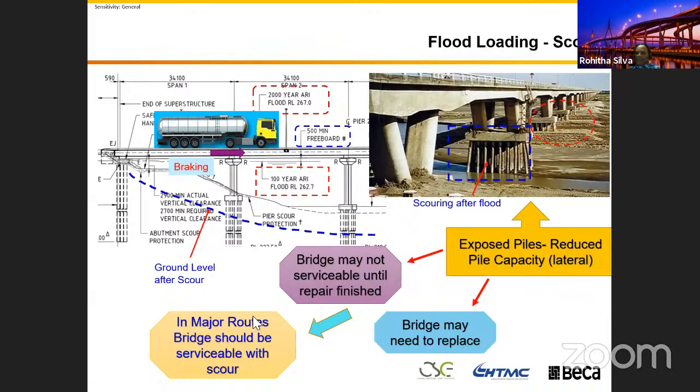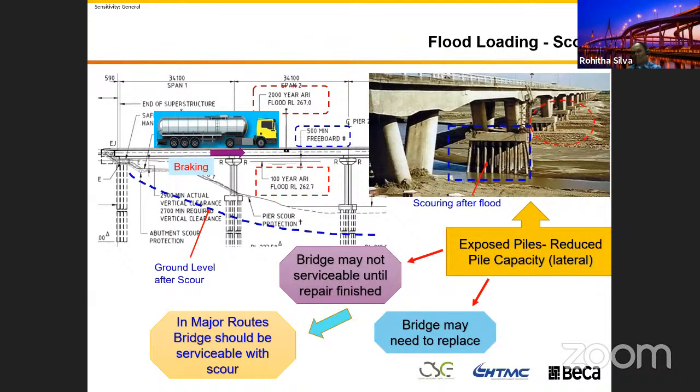So in a major route, the bridge should be serviceable with a cover, because like we discussed in the earthquake design, bridge earthquake design category 4, if it's a major bridge serving economic centers, right? It's one of the main transport routes.